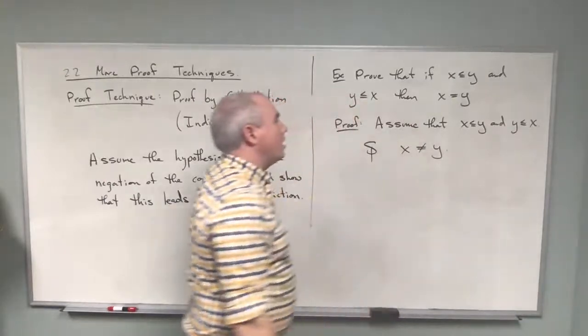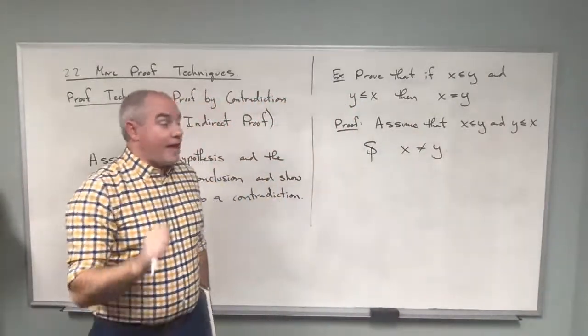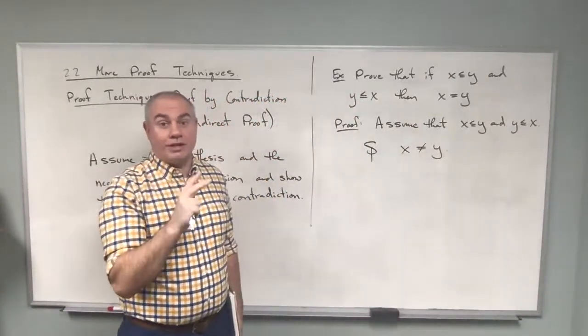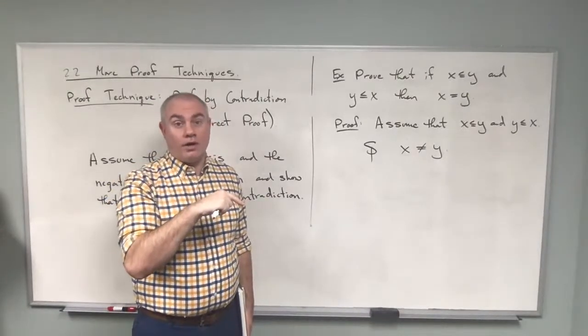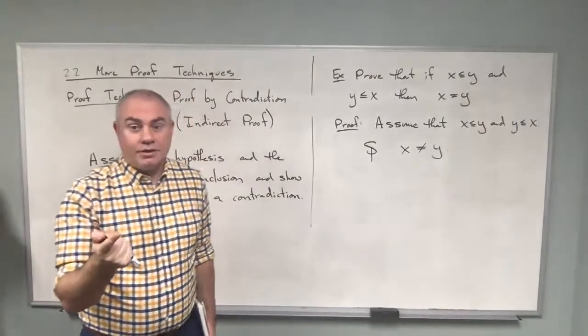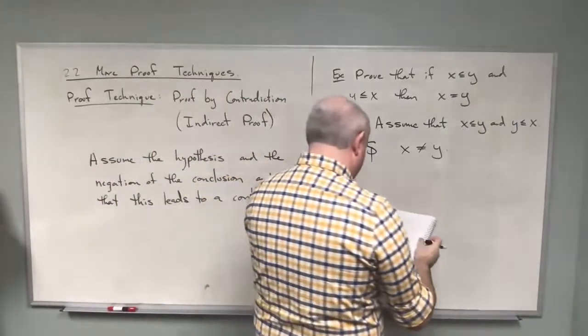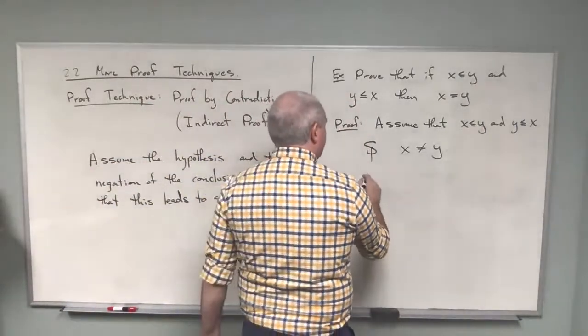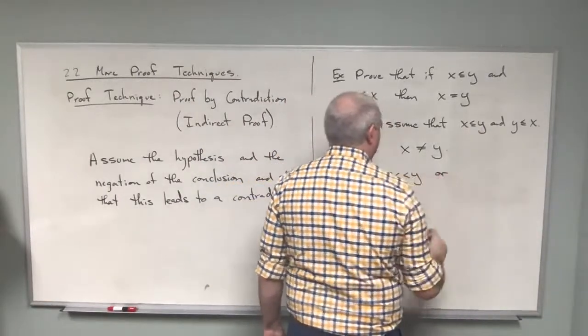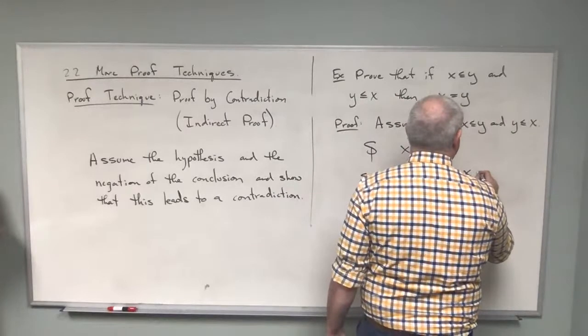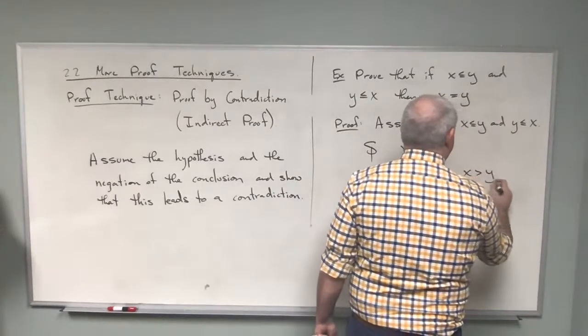But if x is not equal to y, then x has to have one of two relationships with y. Either it's less than y or it's greater than y. Okay, so let's just break it into those two cases. So that means that x is less than y or x is greater than y.